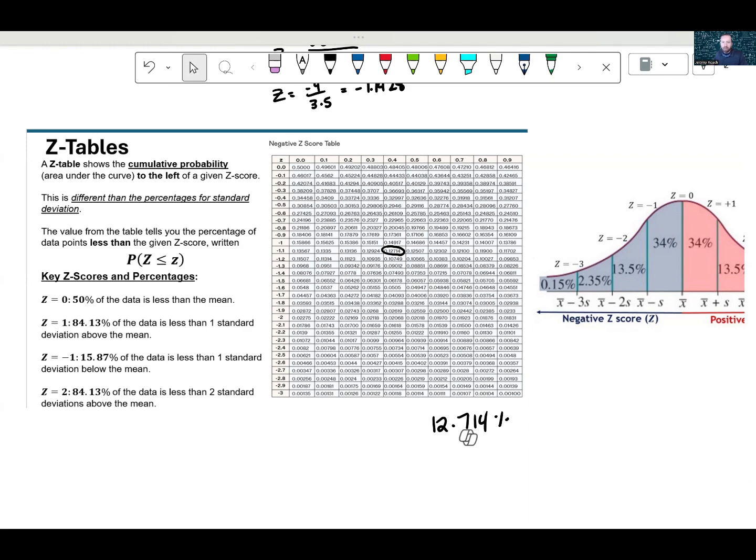So this value is 1.14 standard deviations below the mean. So our z-score of negative 1.14 would be about here. That's 1.14 standard deviations below the mean. And that means that roughly 12.714% of our data is below this value.